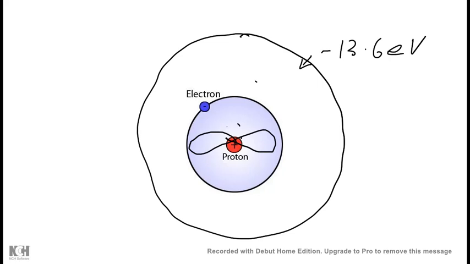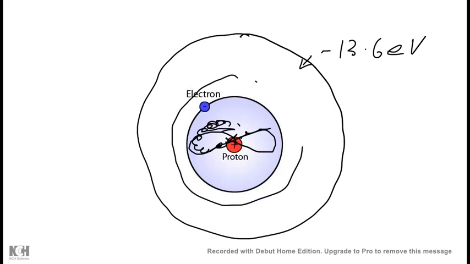Remember, it's always still got its spin angular momentum. Now it's got kinetic angular momentum, taking it out to the next shell, which is minus 3.4 electron volts.